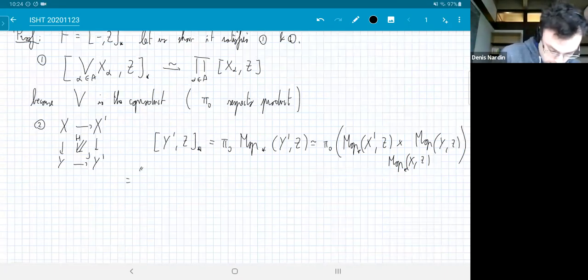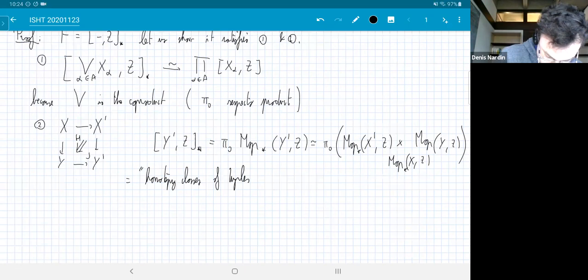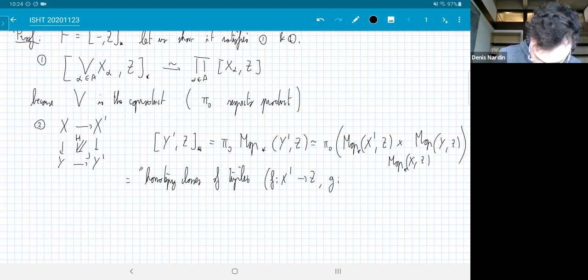It's, if you want, homotopy classes of triples with a map F from X prime to Z, ooh, I need names. Let me call these i and j.